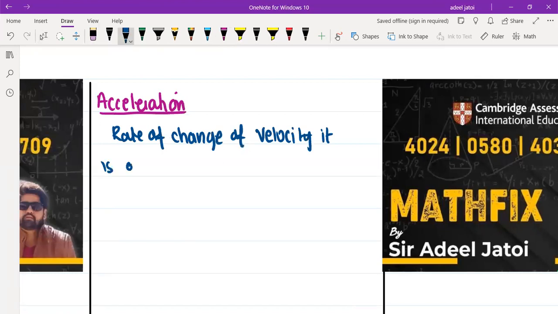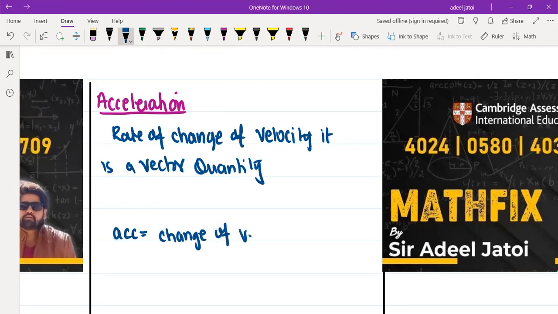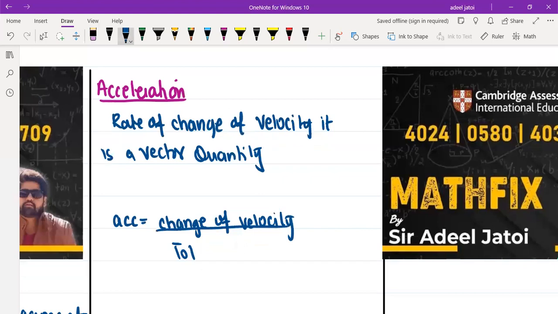It is a vector quantity. So acceleration is equal to change of velocity upon total time.